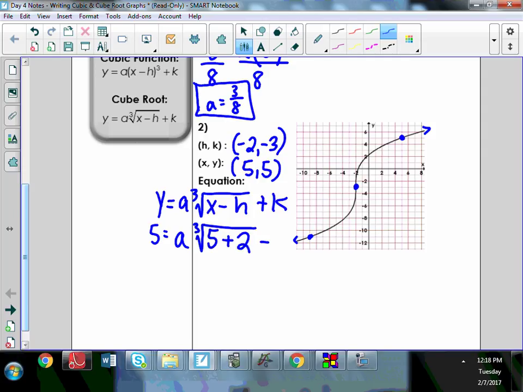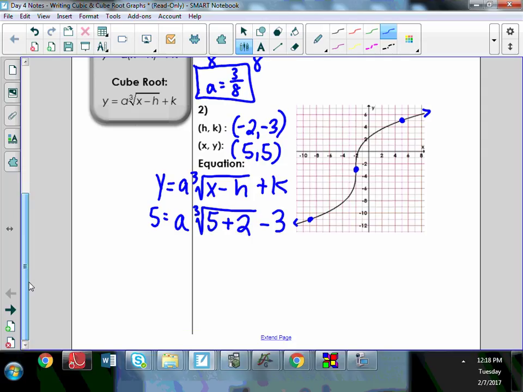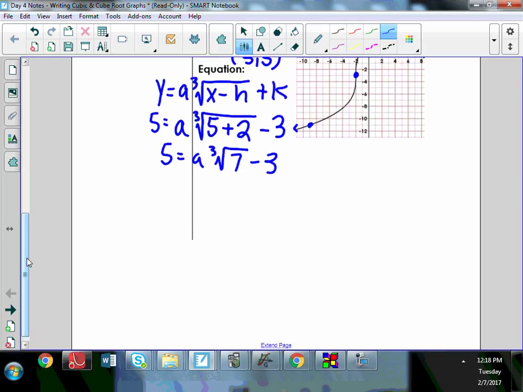And on the outside, it tells the truth, so -3. Good. So now I just have to solve for a. So I can kind of simplify a little bit. This will be the cubed root of 7 minus 3. What would you do next? Good. Add 3 to both sides. And so I get 8 equals a times the cubed root of 7.